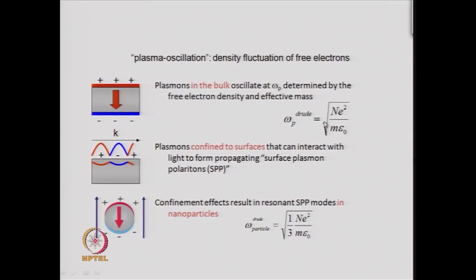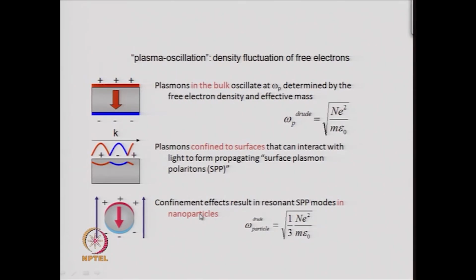So, earlier if you look in the bulk, the plasma frequency is related to the free electron density and the effective mass in this fashion, whereas in the nanoparticles where you observe the surface plasmon polaritons, where confinement is there, because now you cannot have the plasmons anywhere in the bulk, they are only in the surface.